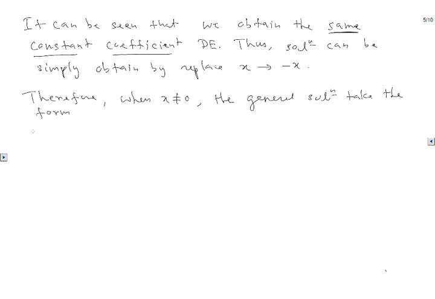so let's say one by one. The first case, if b minus a squared minus 4ac is positive, then you get the solution y equals c1 absolute x to the r1 plus c2 absolute x to the r2. We write the absolute sign because it covers both solutions, positive or negative x: when x is negative, the absolute value is positive.